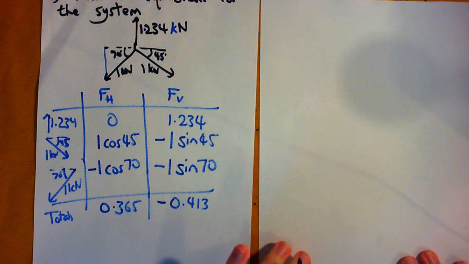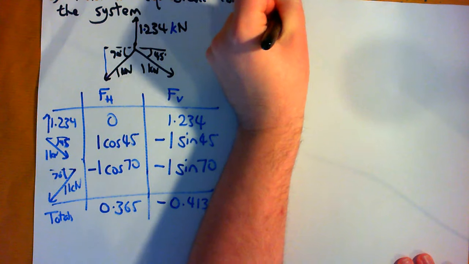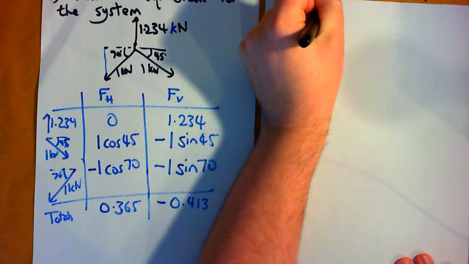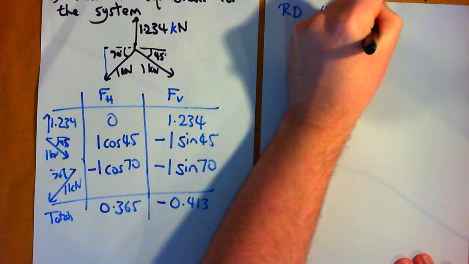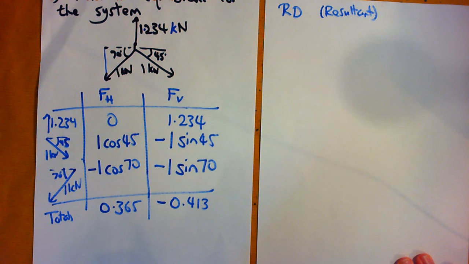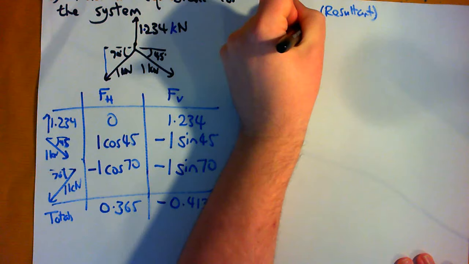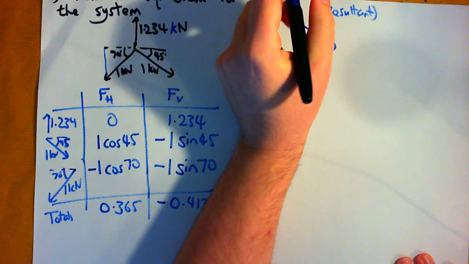So let's work out the rough direction. Let's remind ourselves that this is of the resultant. So the horizontal is positive, which means it's pointing to the right, and the vertical is downwards because it's negative, so it's going to be going roughly in that direction.